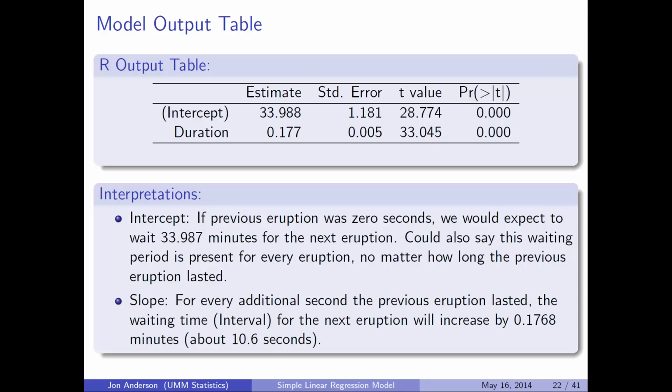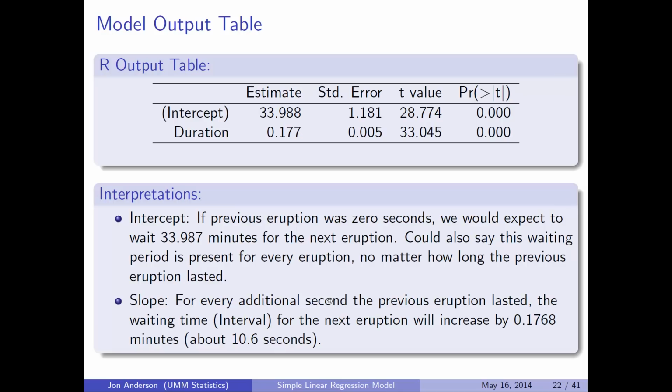This says we should expect to wait about 34 minutes no matter what the last eruption might be. The slope, remember, is how much additional change in y you will have for a 1 unit increase in x, and x is seconds of eruption.